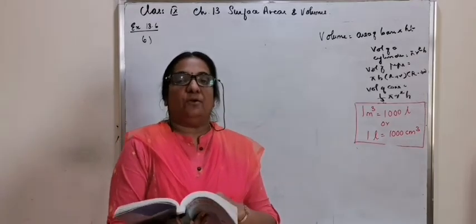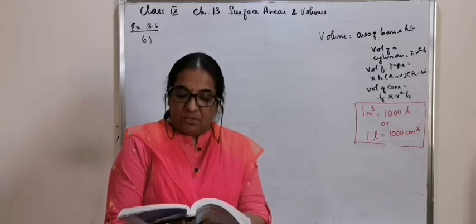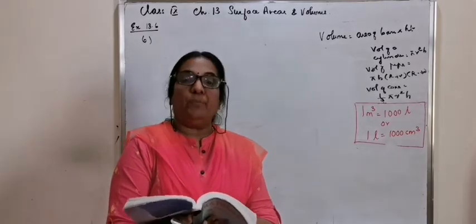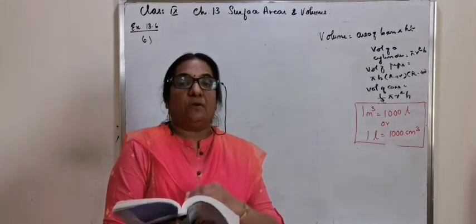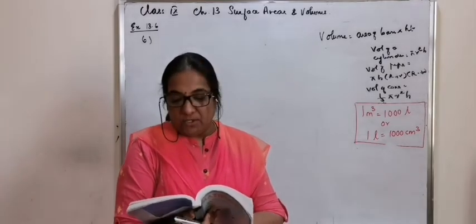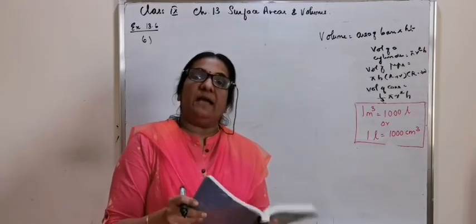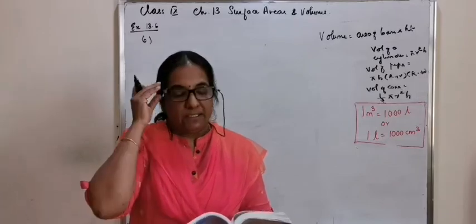You are asked to find out the area of sheet required to make the closed cylindrical vessel. That means from the volume and height you must get the radius. Using the radius you should find out the total surface area of the cylindrical vessel, because it's a closed cylindrical vessel. And now we have to convert 15.4 liters into meter cubed.